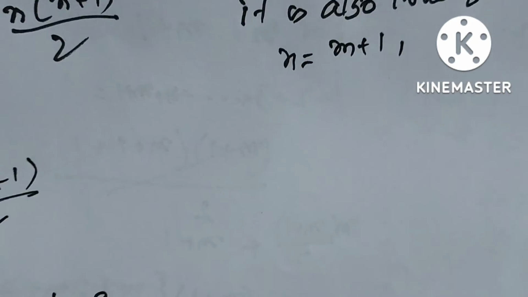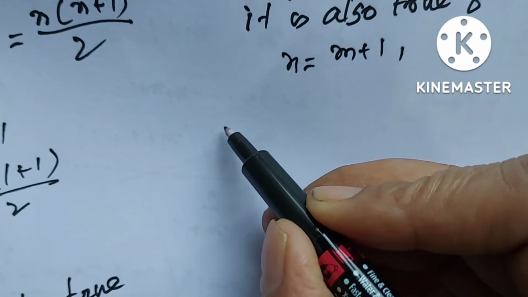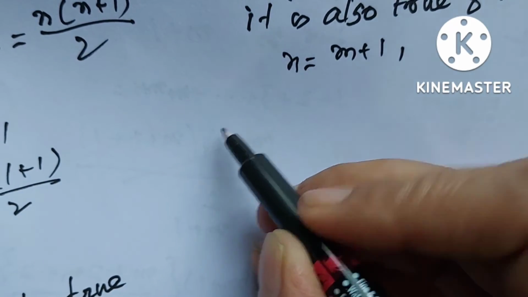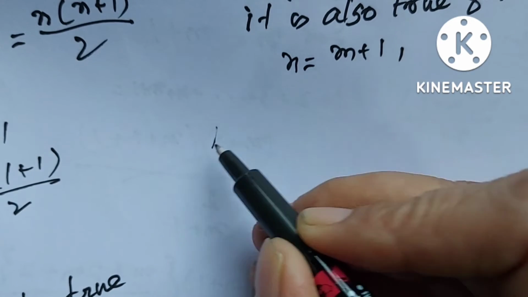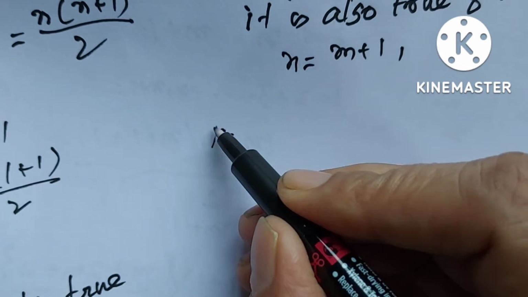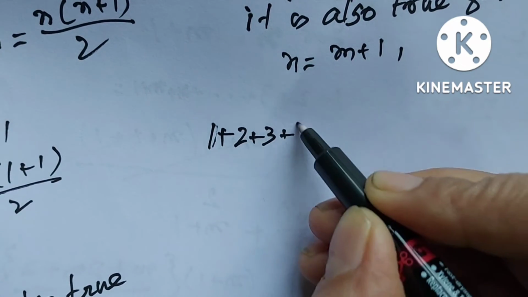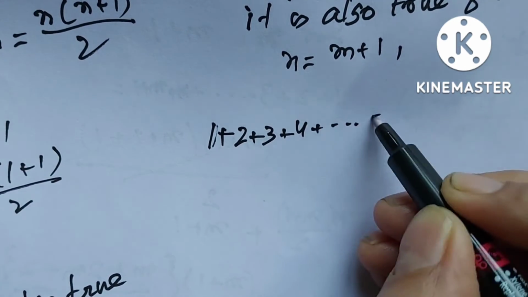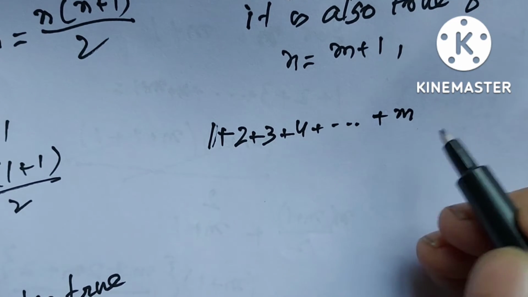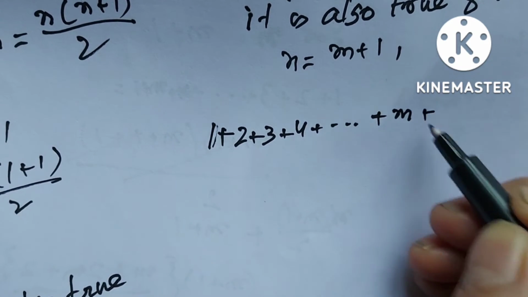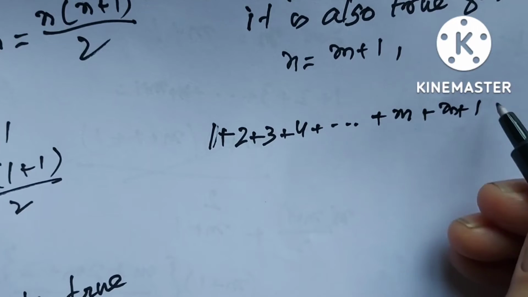For this, at first we can write 1 plus 2 plus 3 plus 4 plus dot dot mth term plus m plus 1.